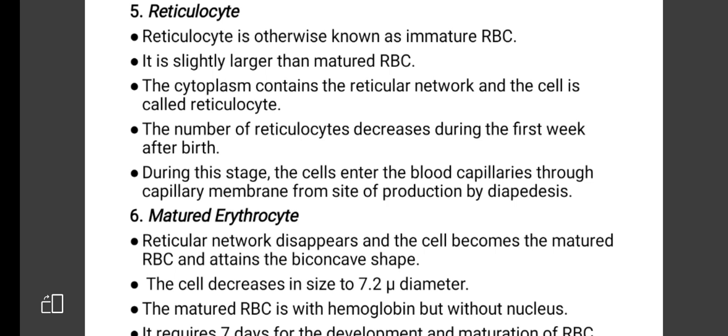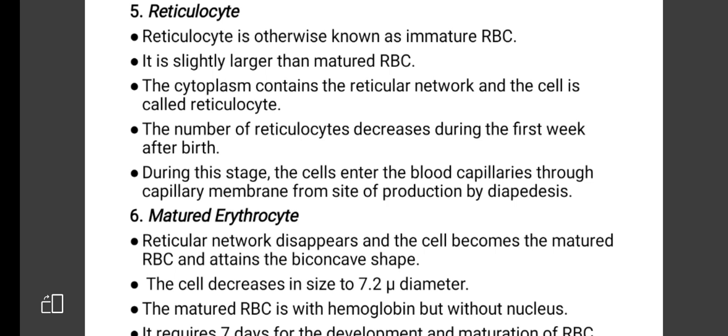Here the reticular network starts to disappear and the cell becomes completely matured and attains the normal shape, which is biconcave, and the cell decreases in size to about 7.2 micron. The matured RBC has hemoglobin but no nucleus.